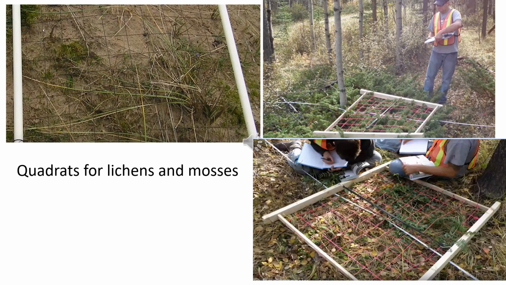This kind of technique is very useful. You can put it randomly at certain distances, or you can place it at fixed places. For instance, your quadrate can be 2 meters, or you can randomly identify the species at random distances.